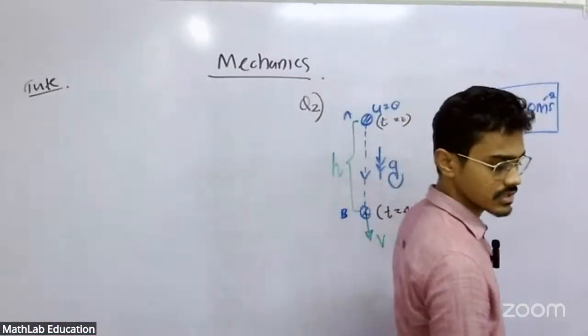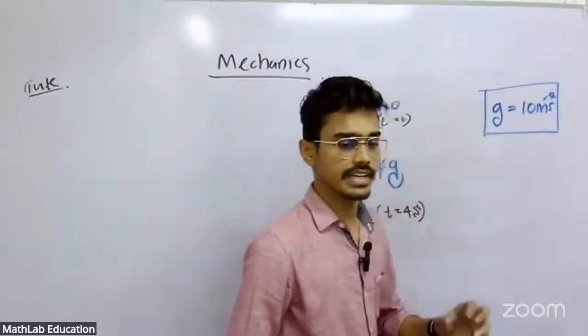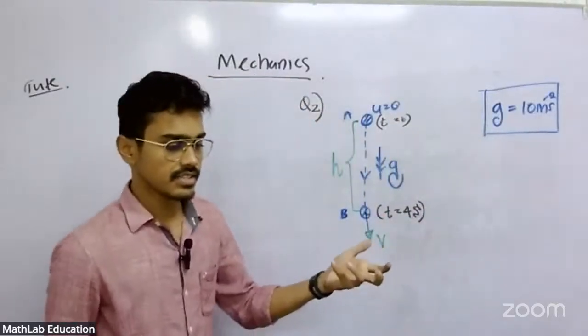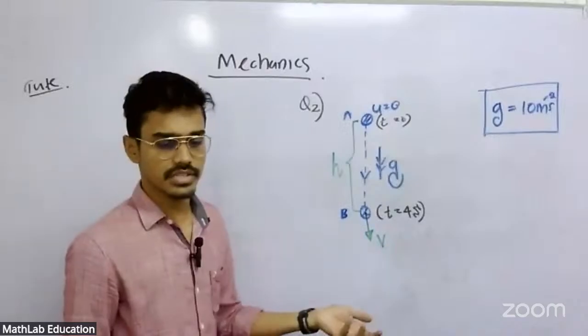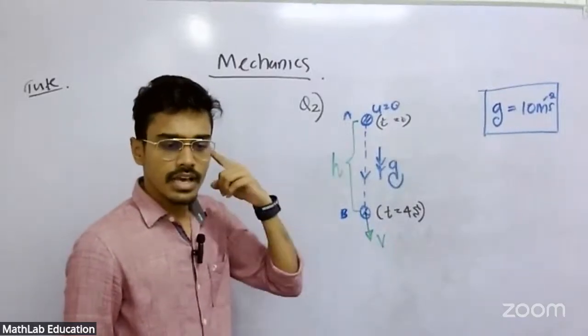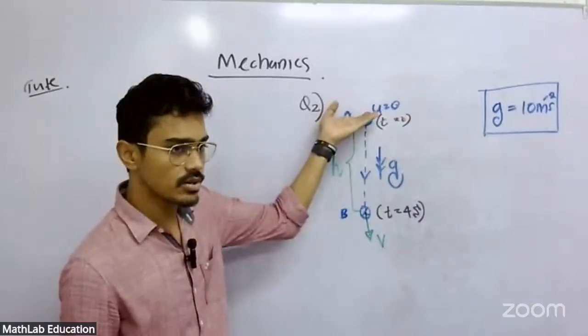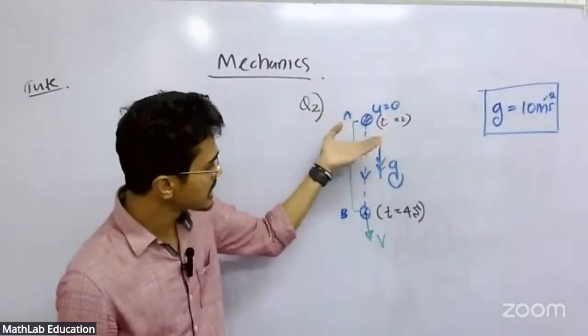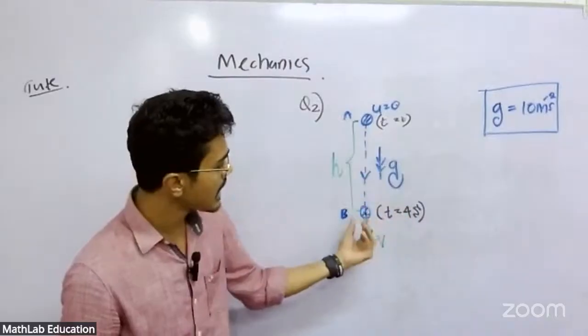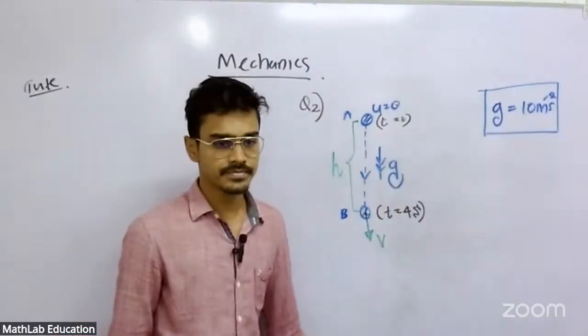Apply an equation, because it is an accelerating object. That is not going to move with uniform velocity. It is an accelerating object, and its velocity is not 40 m/s throughout. It starts from 0, gradually increases, and finally it has become 40.